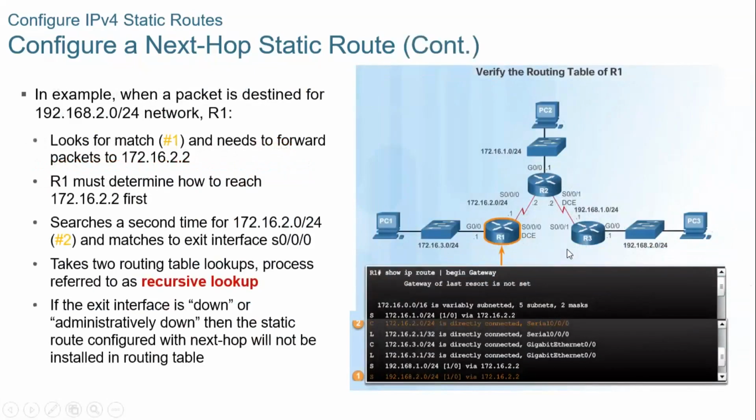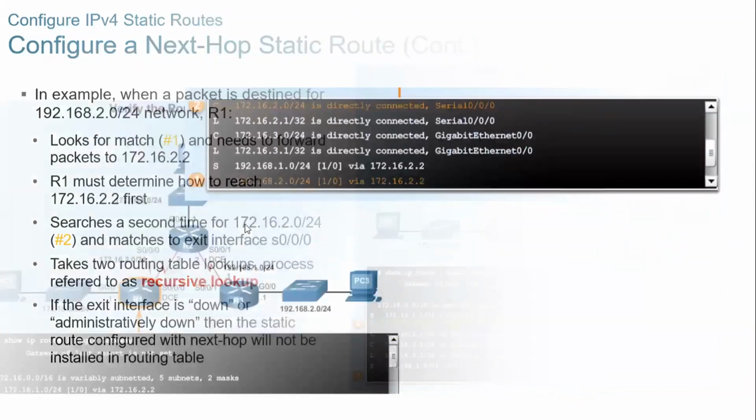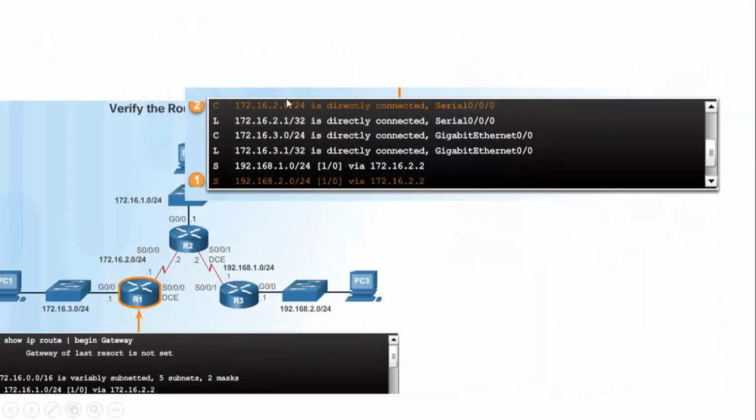Okay? So one thing about next hop IP is that when you give it the IP address, you still have to do another lookup to see where is this IP address, which interface is it. So here, the router would do what is called a recursive lookup. Okay? This is a bit bigger, so it's easier for me to show you.